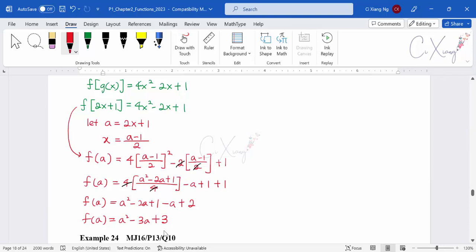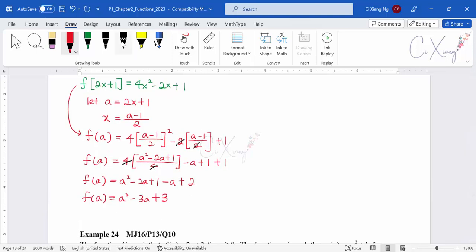And usually when we write out the function f, we seldom write it out in terms of a. We write out in terms of x. So if you want to rewrite your final answer in terms of x, no problem. You can just write it as f(x) equals to x squared minus 3x plus 3.